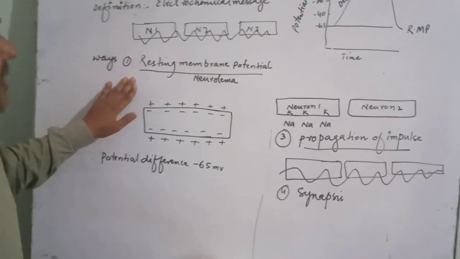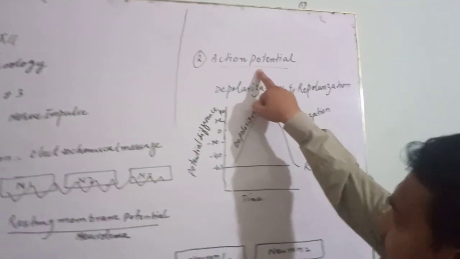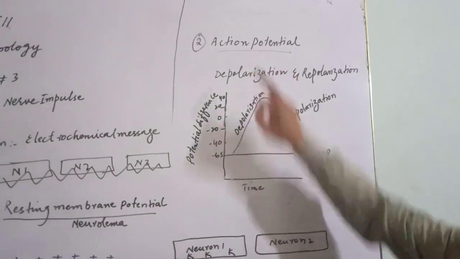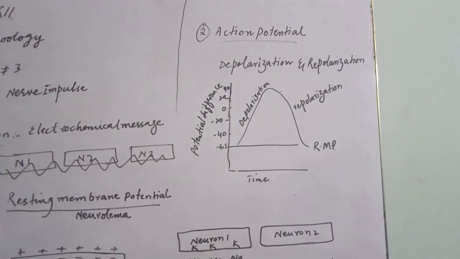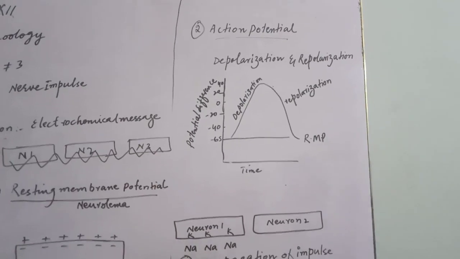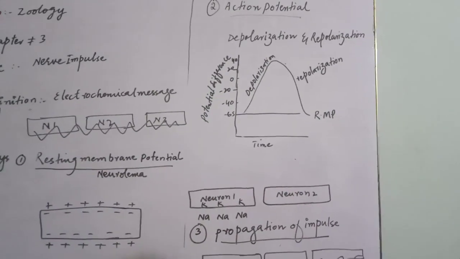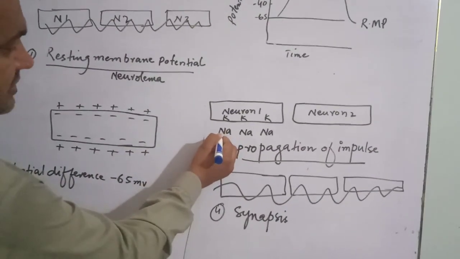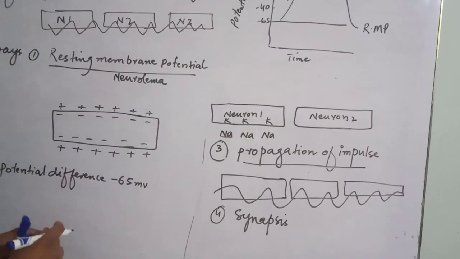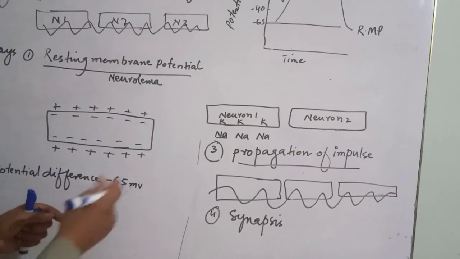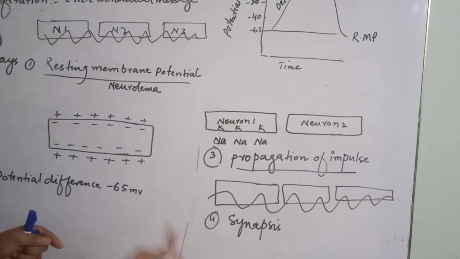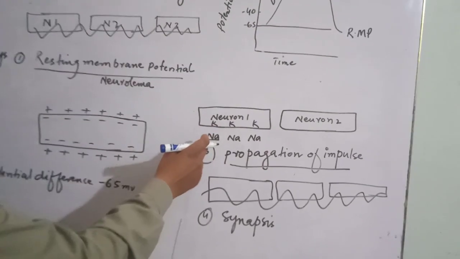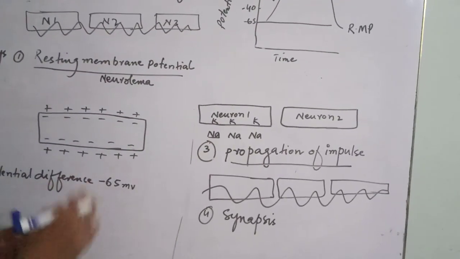So then we have action potential. Now, during stimulation, what happens? Sodium is greater outside, and potassium is greater on the inner side.